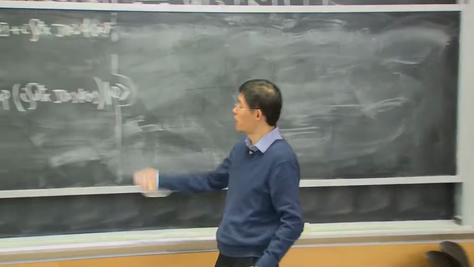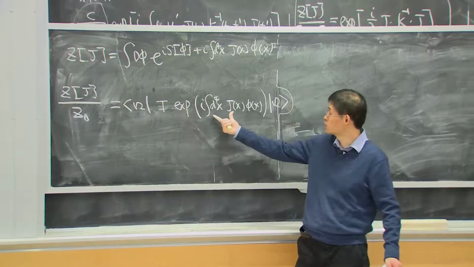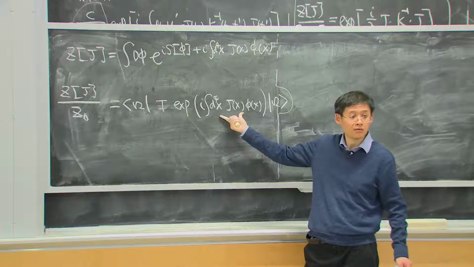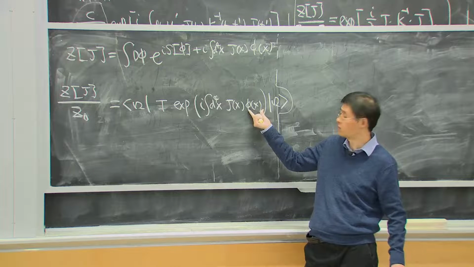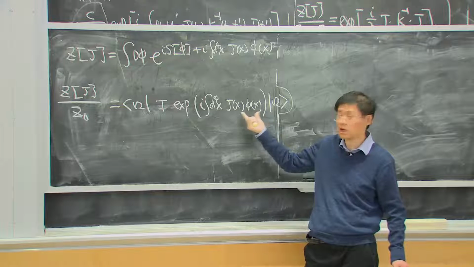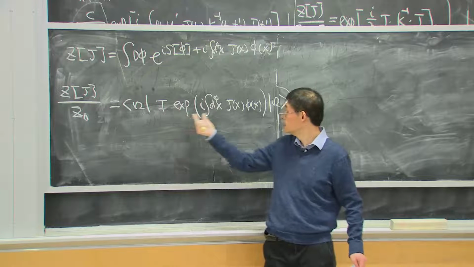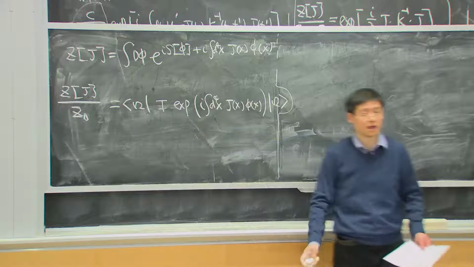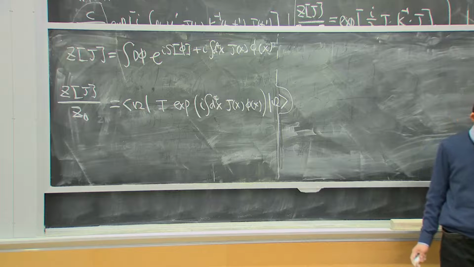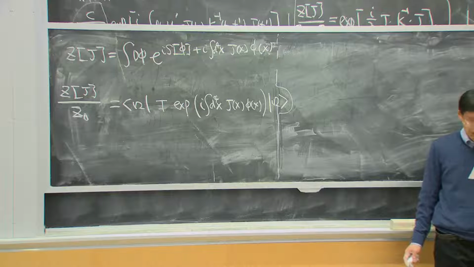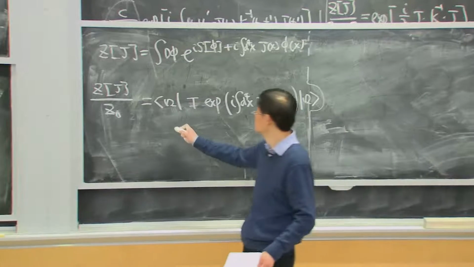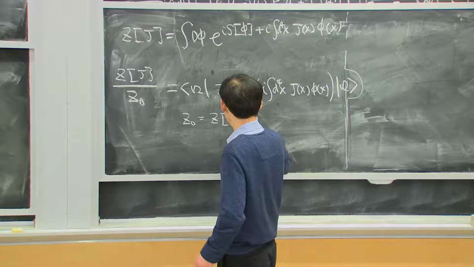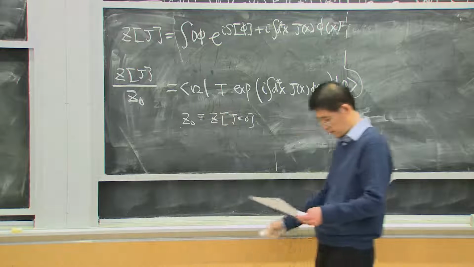Again, this time-ordered exponential should be understood as expanding it in a power series. When you expand it, you have powers of phi, and then you order those phi's in terms of time ordering. The integration over J can be pulled outside this expectation value. And Z0 is just the same as Z[J] with J equal to 0, so without any J.